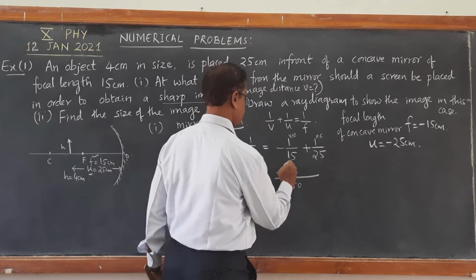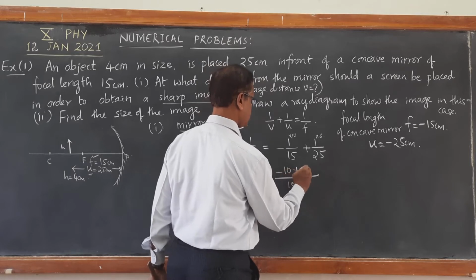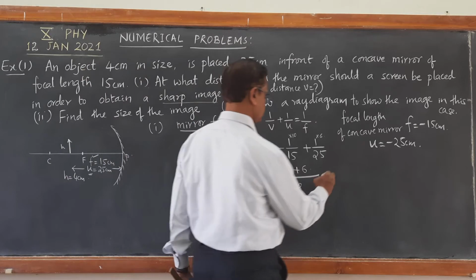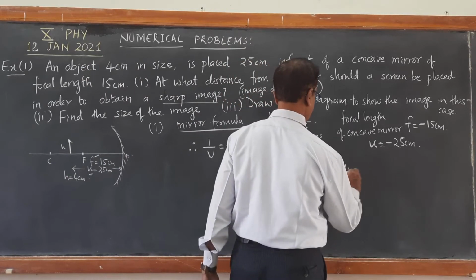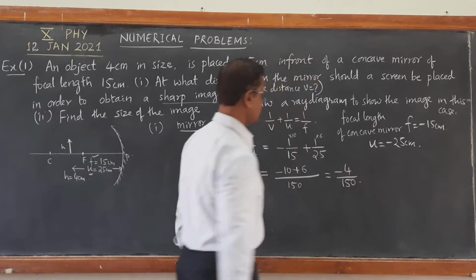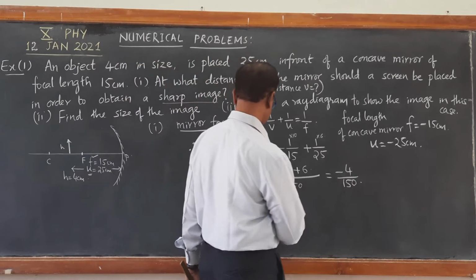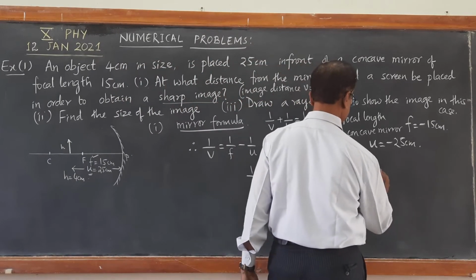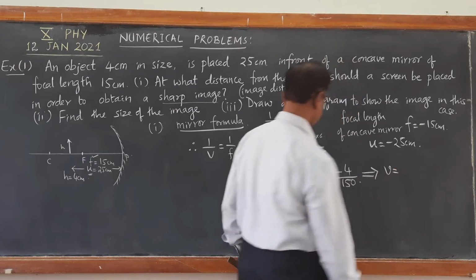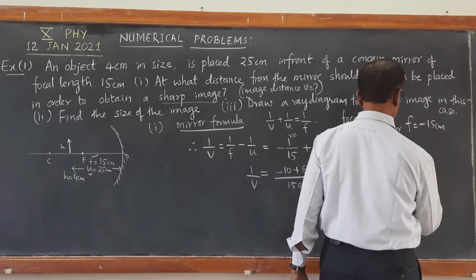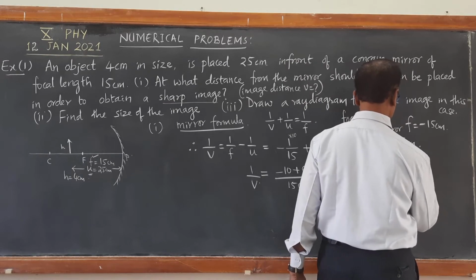So it becomes minus 10 plus 6. Minus 10 plus 6 gives us minus 4. So minus 4 divided by 150, that becomes 1 by v. So if it is 1 by v, this implies v is equal to the reciprocal of this, 150 divided by 4, with a negative sign.